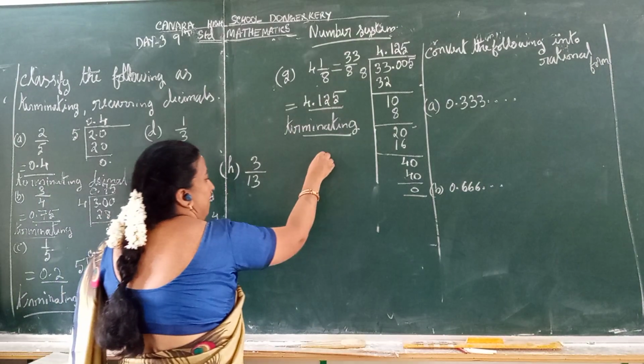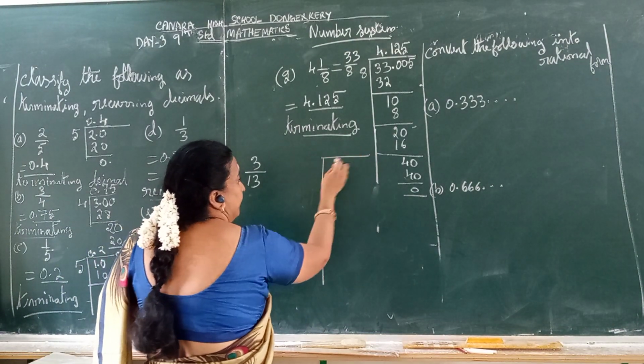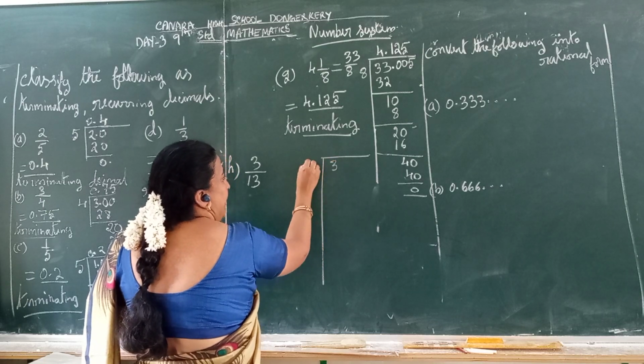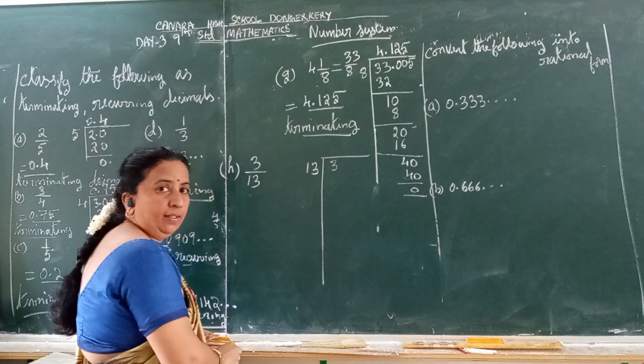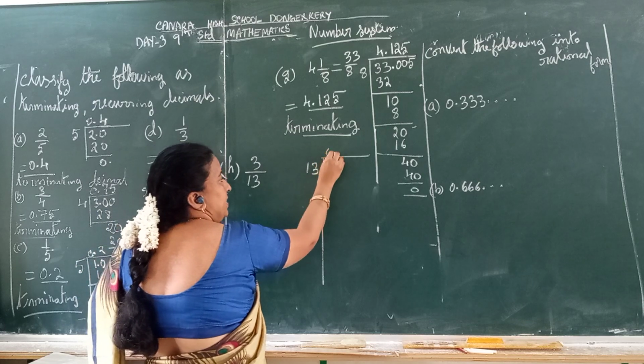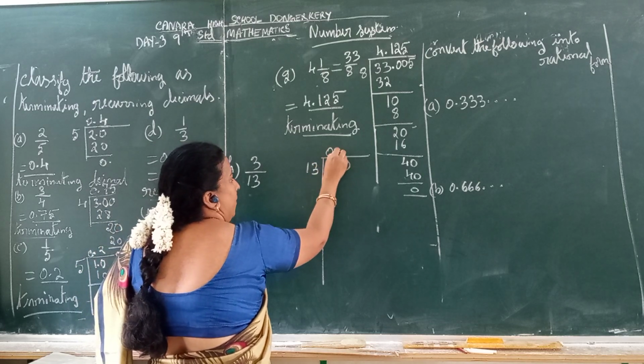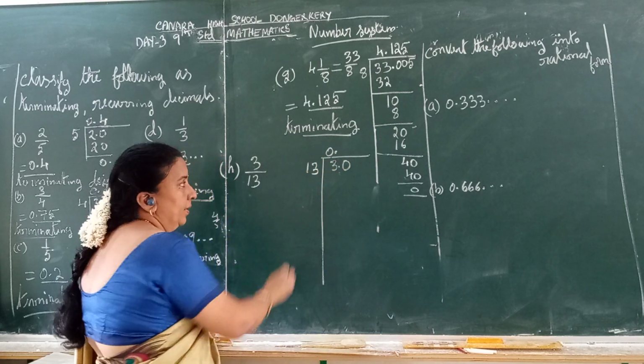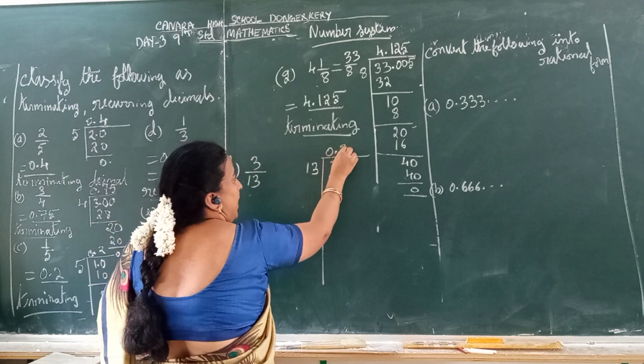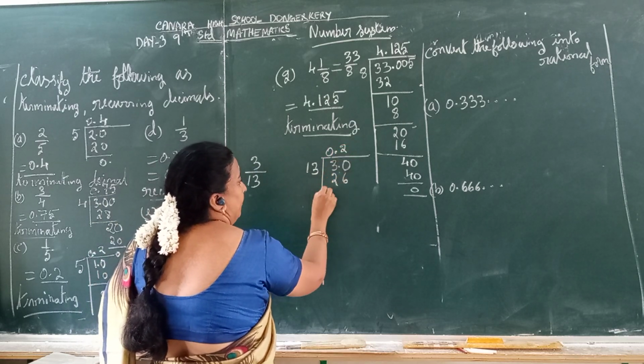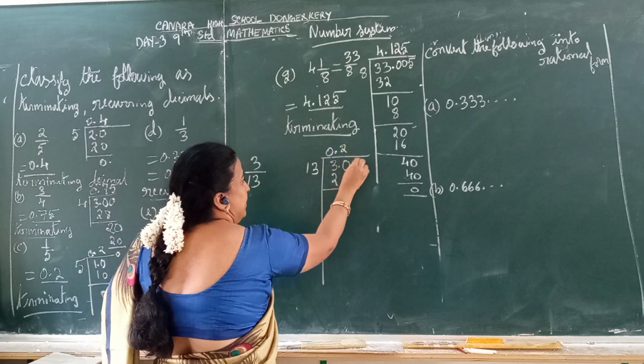Next, 3 divided by 13. Inside 3, outside 13. Not divisible. 0.0. 13 twos are 26. 4 remains.